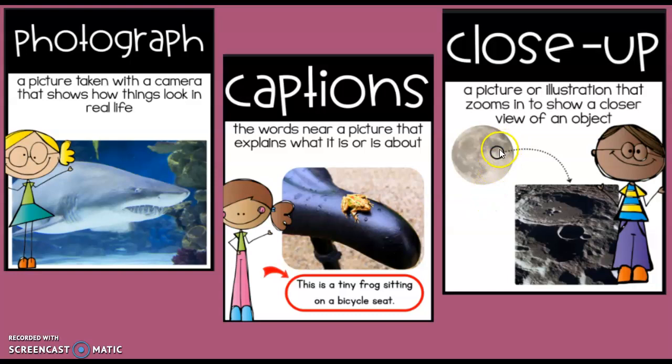But then we zoom in super close and we see that the moon has all kinds of ridges and bumps, and it has this crater here. So it's like we get a little bit closer look at what we're looking at. Oh, so the moon does have like a rough surface and dips and hills and valleys. So the close-up helps us see like what something really looks like in great detail.